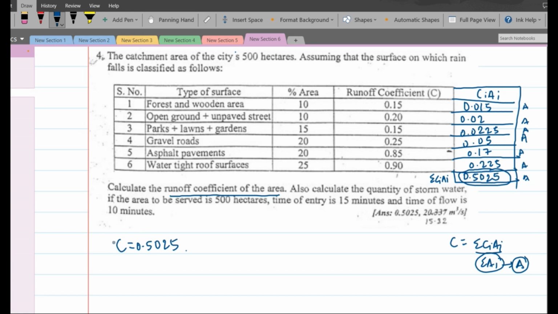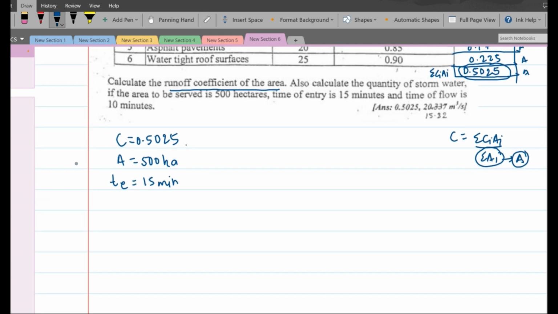Now let's also calculate the quantity of storm water. The area A is given as 500 hectares, and time of entry TE is given as 15 minutes, and time of flow TF is given as 10 minutes. So what is time of entry and time of flow, right?